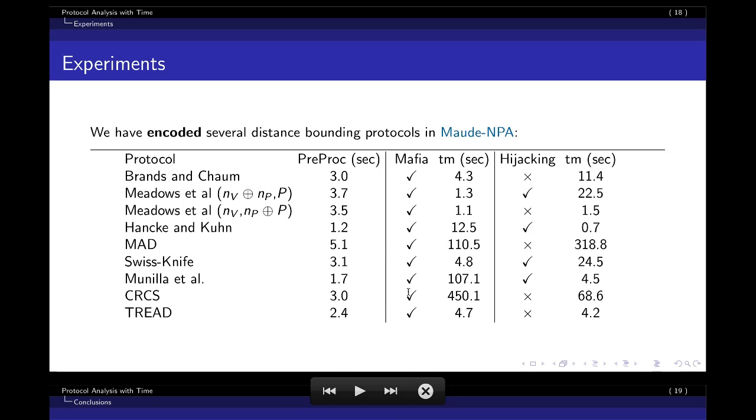The check symbol represents that the property is satisfied. The cross symbol means that an attack was found. The time represents how long the search takes to complete, and the processing of the specification eliminates the search for some probably unreachable states.